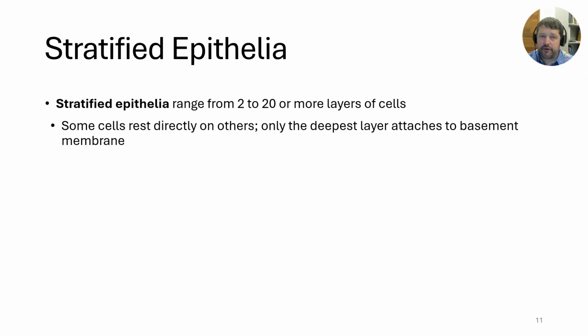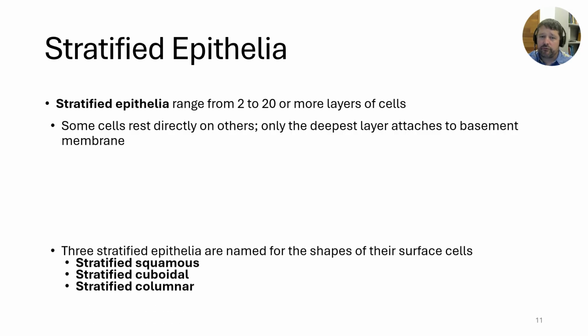All right, stratified epithelial. Again, anything over one layer is considered stratified, so two to twenty or more cell layers thick, and really it's very similar to simple, except that the middle layer has just a lot more cells.